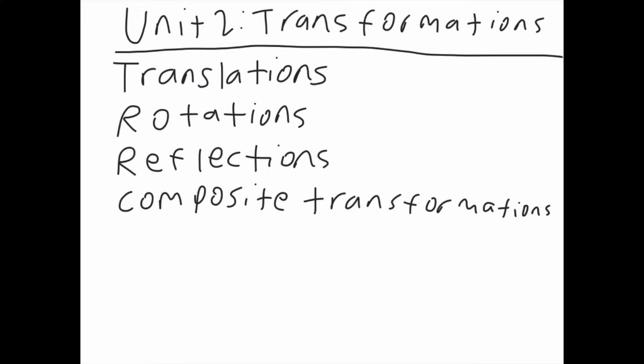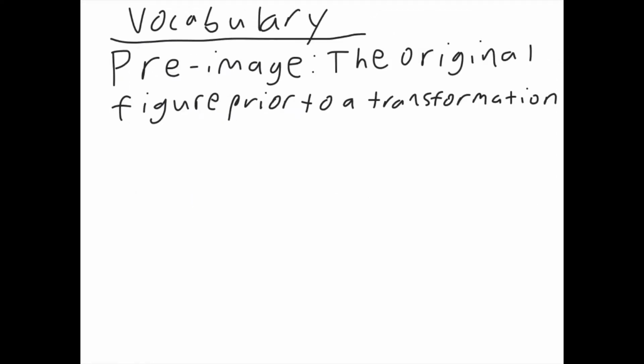There's also another kind of transformation, which is known as dilation, but we won't be doing that in this unit. We'll see it later on, a couple units from now. Today, though, we're just going to talk about translations, and we're going to be moving objects, as I mentioned before in the learning target. To start off, we're going to look at some vocabulary about translations and transformations in general.